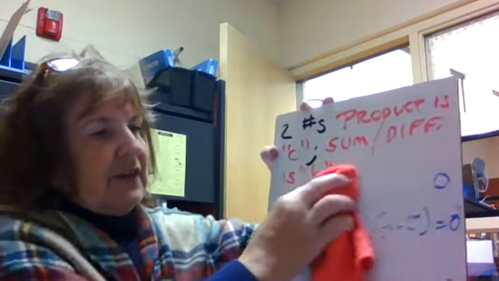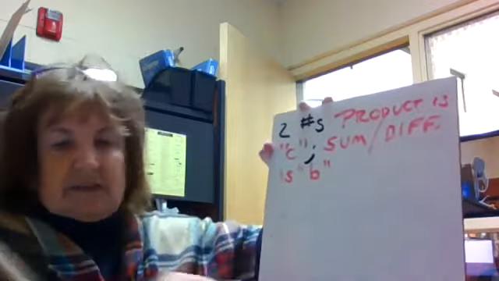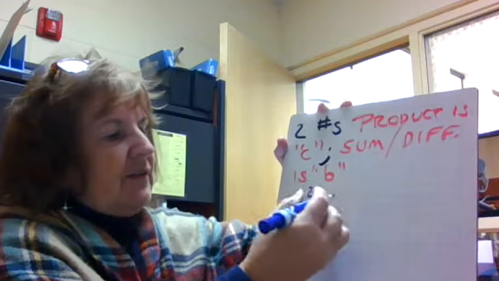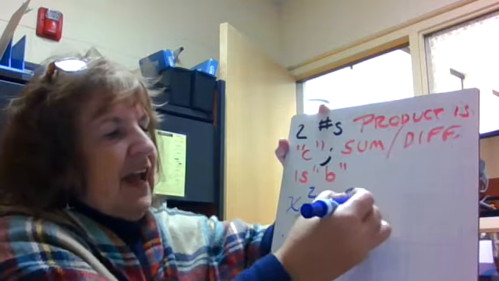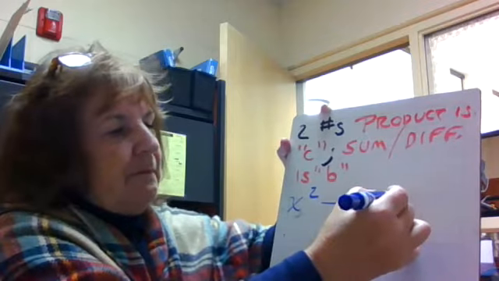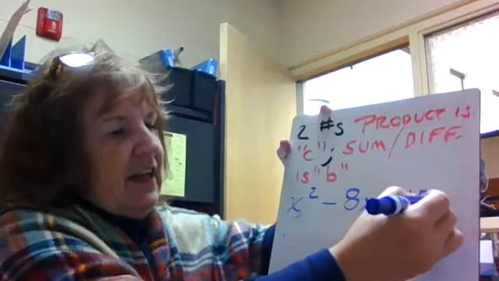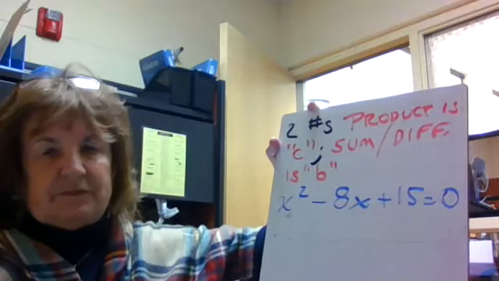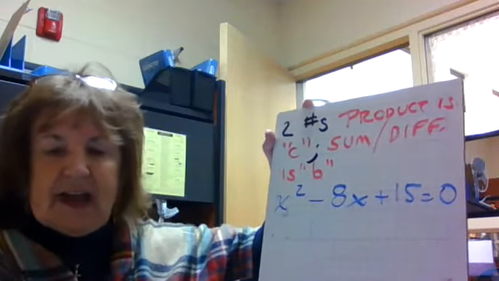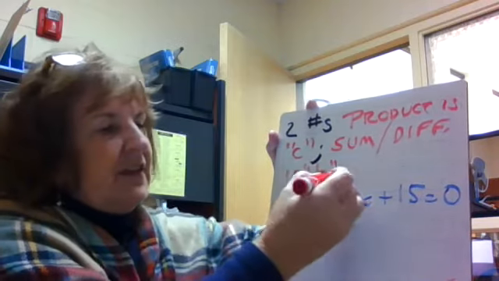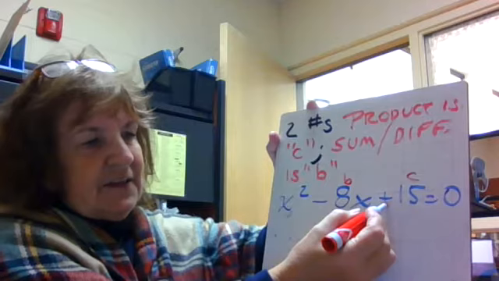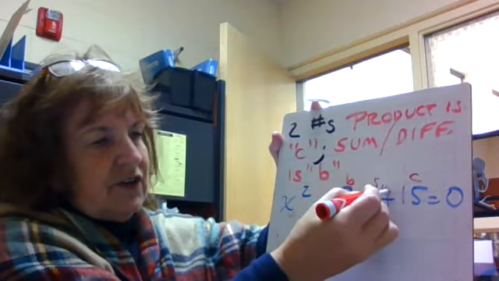Let's try another one. x squared minus 8x plus 15 equals 0. Okay, again, this is the B, this is the C, this is a plus, so we're going to add.